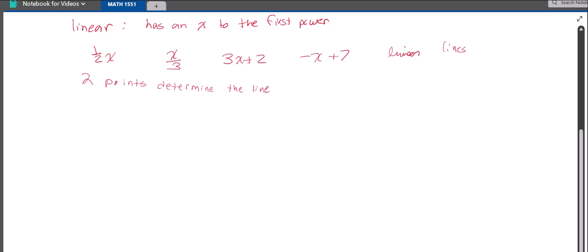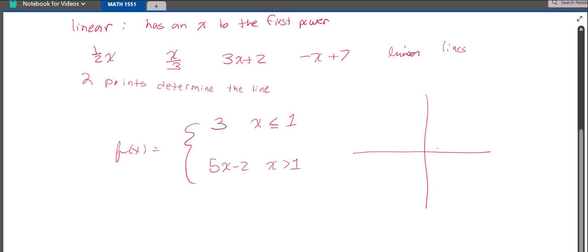So if I had f of x equals 3 for x less than or equal to 1, and 5x minus 2 for x greater than 1, and I needed to graph that, then I know that 3 is just a constant, so it's a horizontal line.